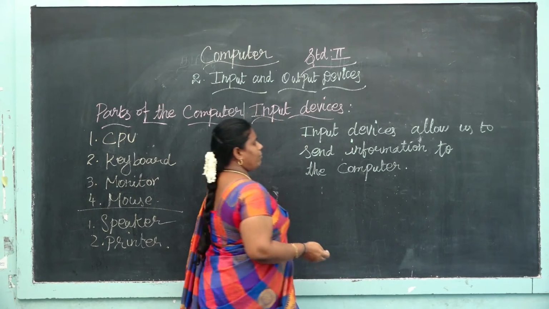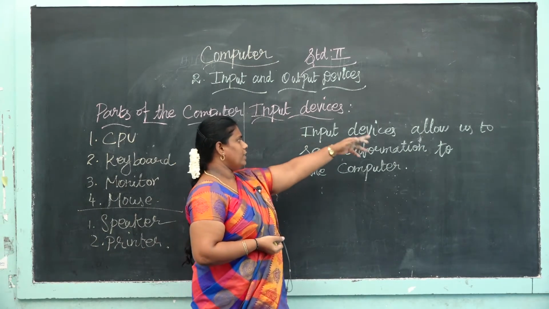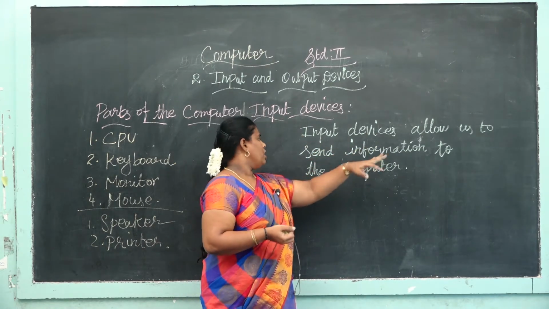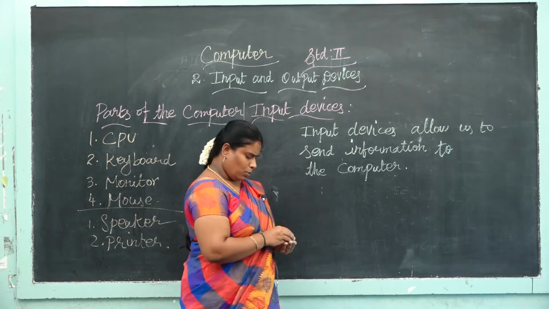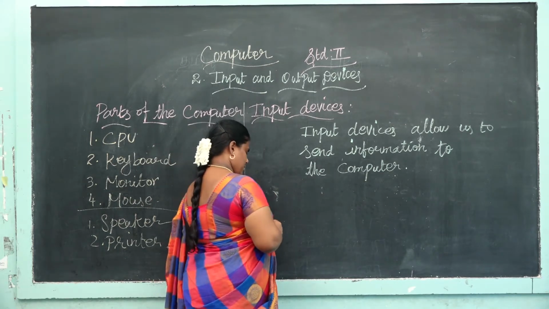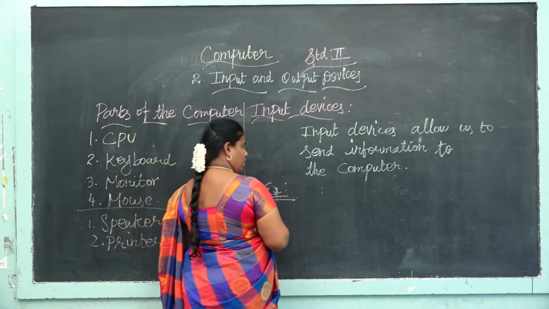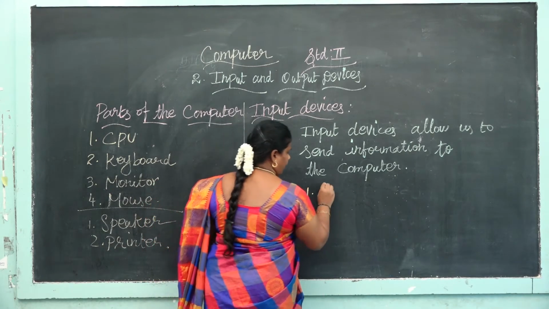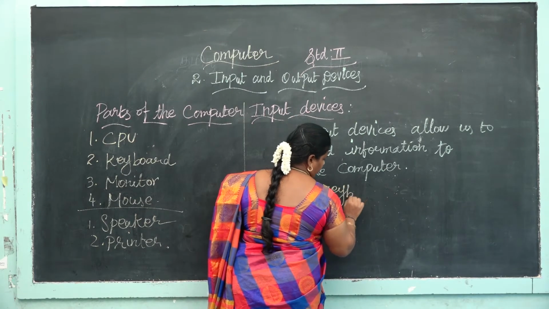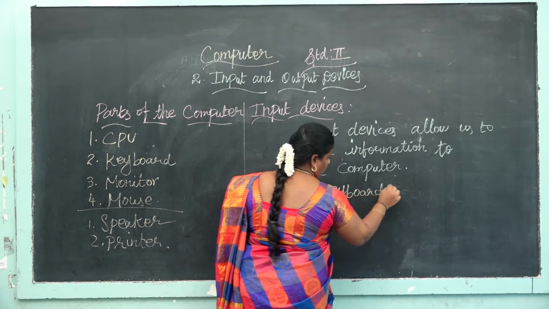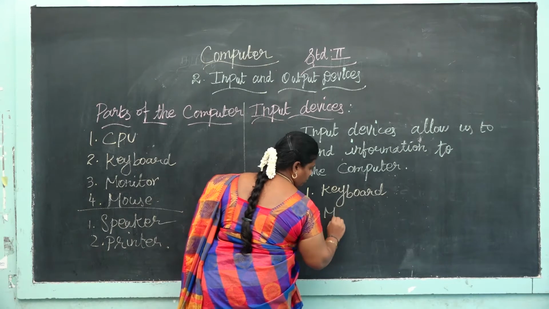What is meant by input devices? Input devices allow us to send information to the computer. What is an example of input devices? First one, keyboard. What is the second one?